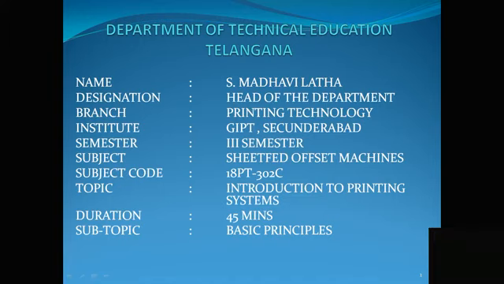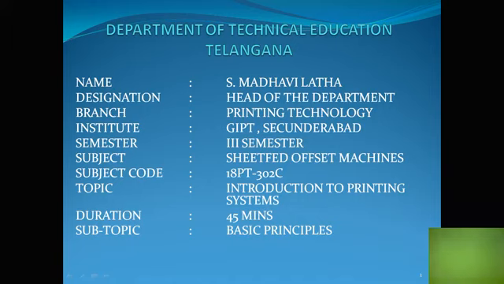and second semesters. In the first and second semesters, we learned two printing subjects. One is printing systems and materials, and the second one is image processing and layout techniques.